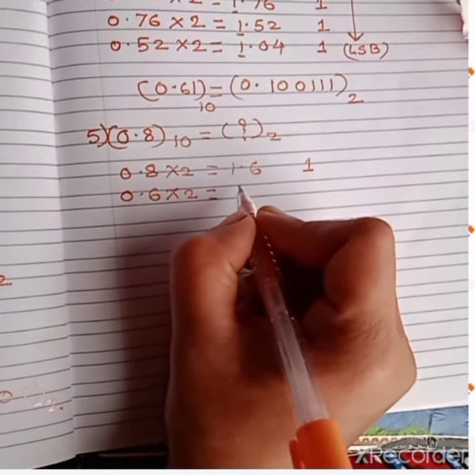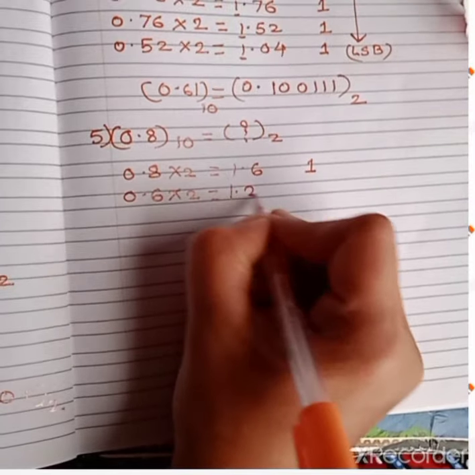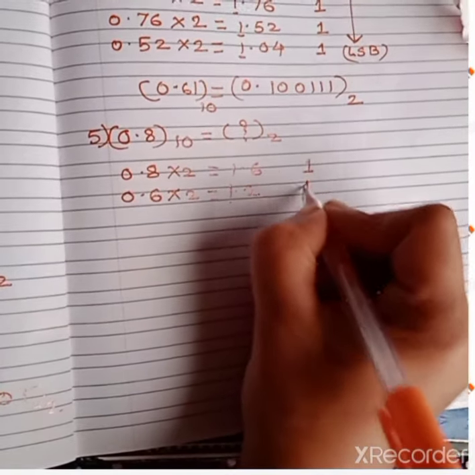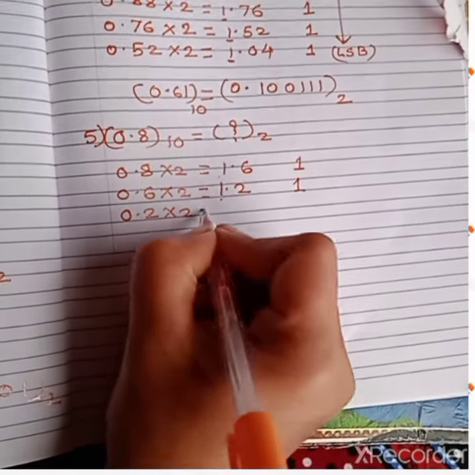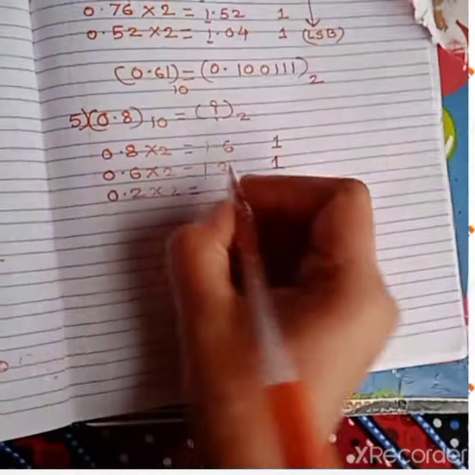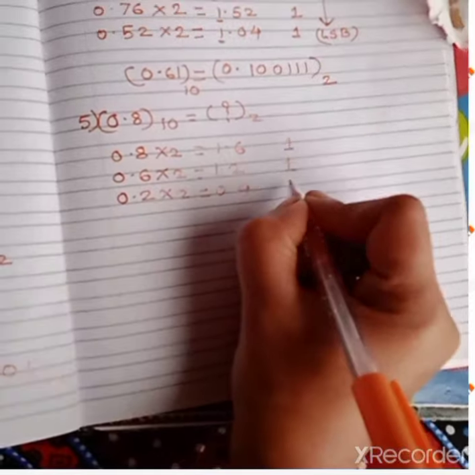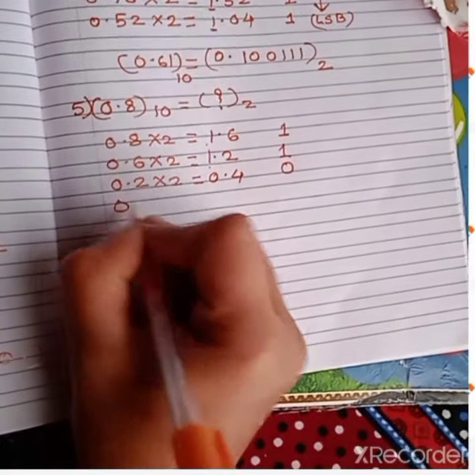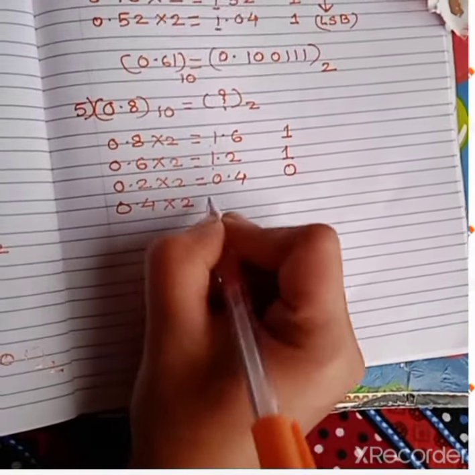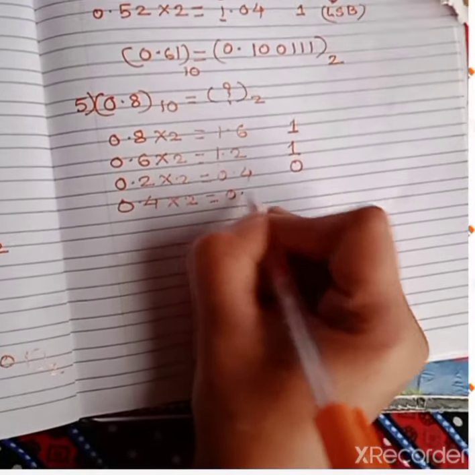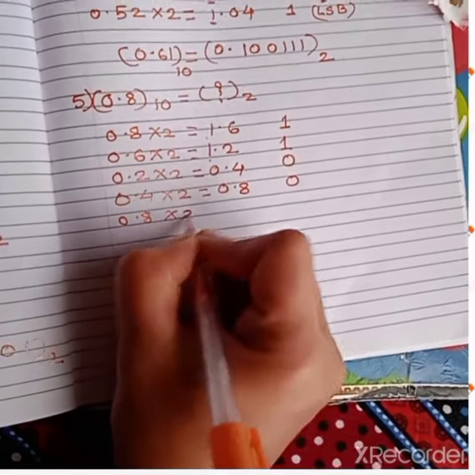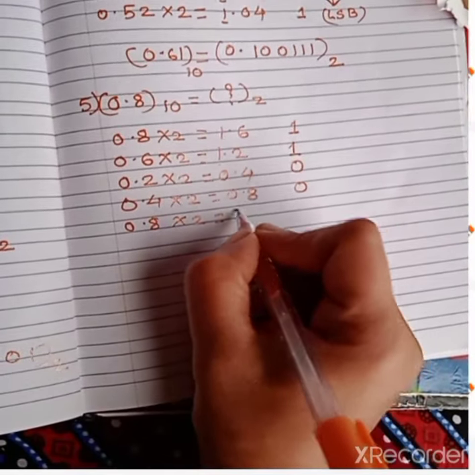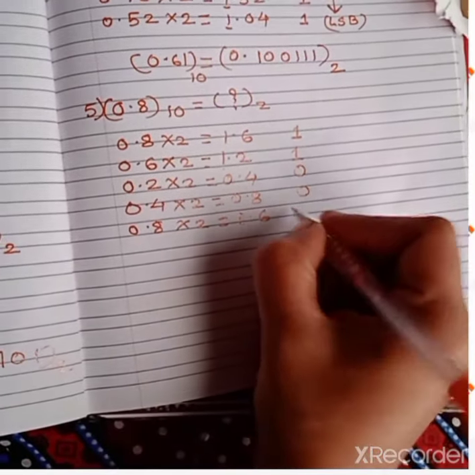So 0.6 into 2 is 1.2. Copy this one. Take 0.2 multiply with 2. 0.4. Copy 0. 0.4 multiplied by 2. 0.8. Copy 0. Take 0.8 multiply with 2. 1.6. Copy 1.